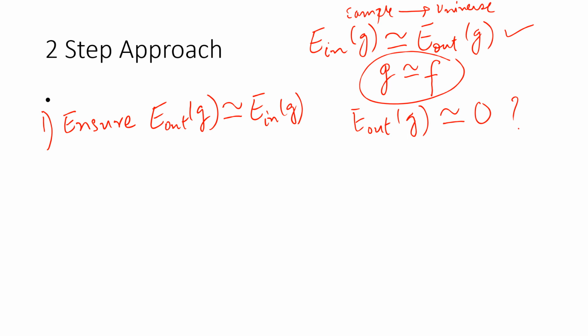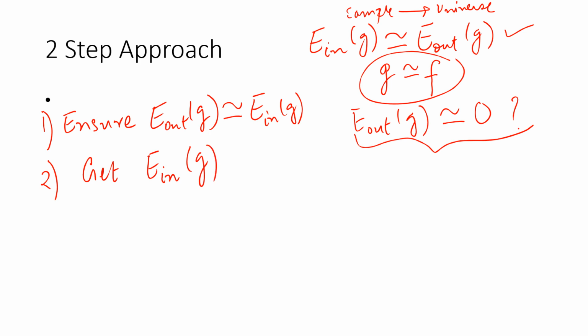Now, I don't know anything about E out of g, but this is a valid question. I mean, learning is all about getting a small E out. But how do we do that? We don't know anything about E out directly. But it seems there is an indirect way of ensuring that. So that's why we have this 2-step approach. The second is we should get E in as small as possible.